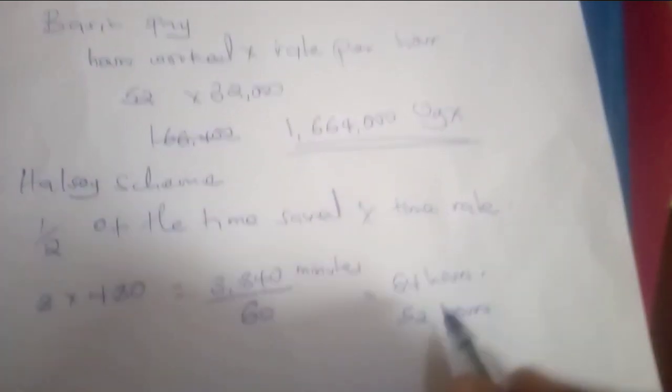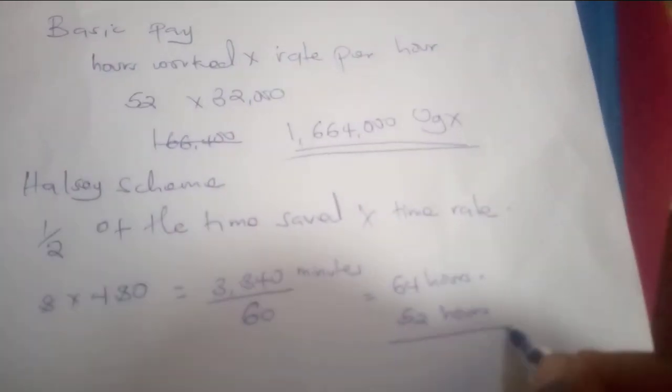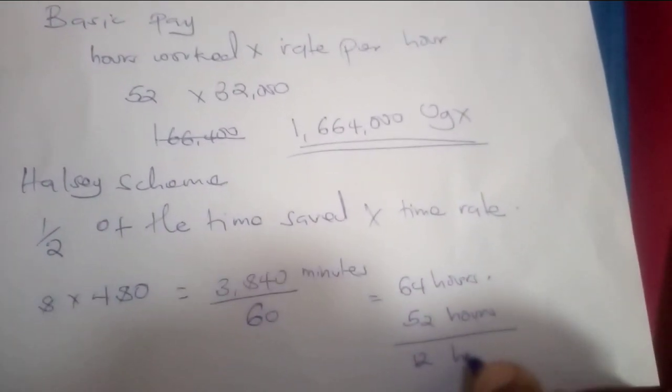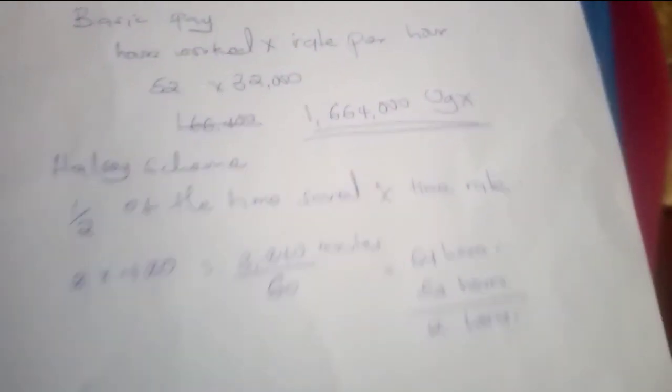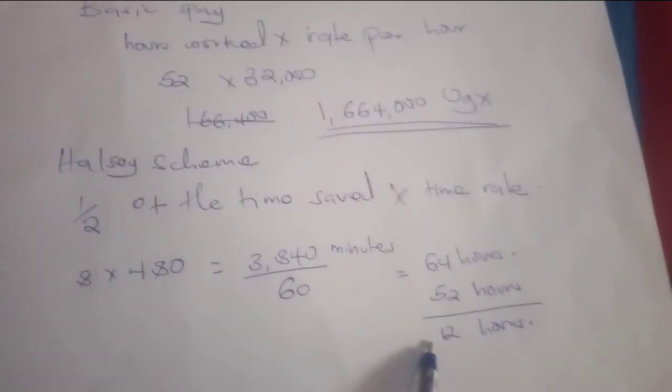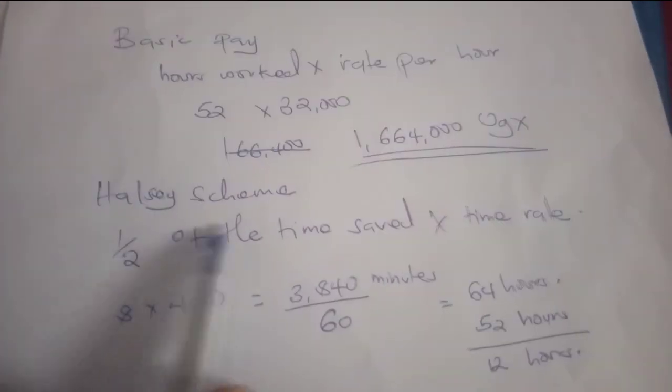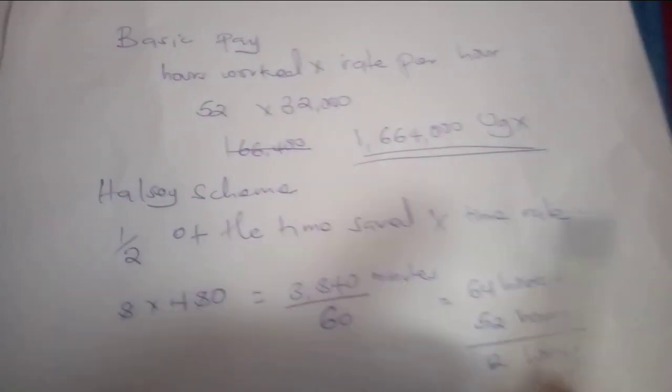These are the actual hours that were taken, meaning the difference between these two is the time saved, which is 12 hours. So this person saved 12 hours. So in order to get the bonus, we shall get half of the time saved times the time rate.